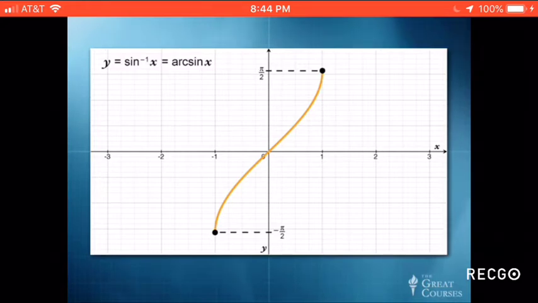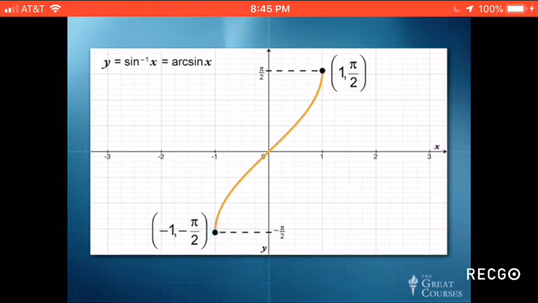So for arcsine, 1 comma pi over 2 will be on the graph, and here you see it on the graph, 1 pi over 2. That's the high point of the arcsine graph. And then it passes through 0, and it's an odd function, just like sine is an odd function. So you get that bottom point at -1, minus pi over 2.